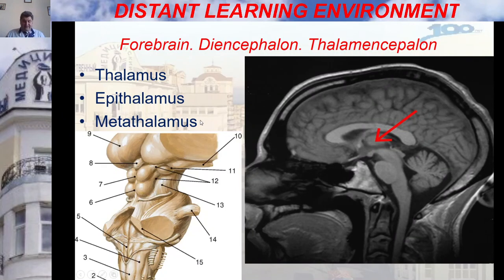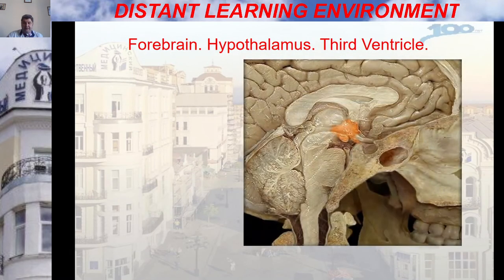The thalamus is a large paired mass of gray matter in the lateral walls of the diencephalon on either side of the third ventricle. Its anterior end is tapered to form the anterior tubercle, and the posterior end is expanded and thickened and forms the pulvinar.